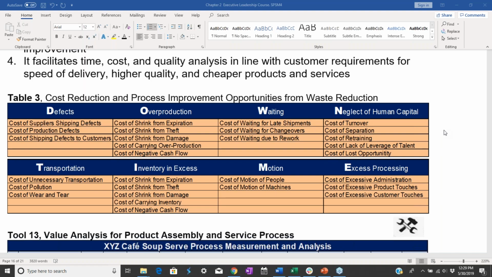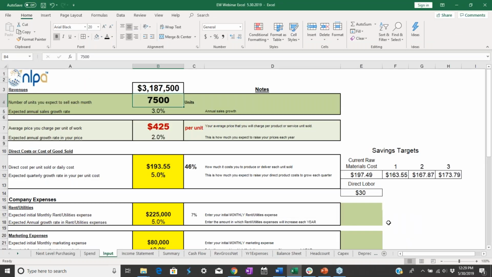How do you build these Excel spreadsheets? Well, I would understand your needs. For sure, I would say that the very basic requirement would be to have an income statement template.